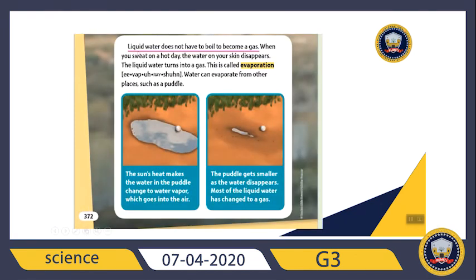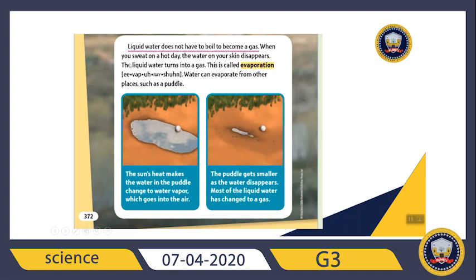And look at this text. Before reading, this is a pond and a stone or a ball here. But why has it disappeared here? There's no pond, just like that. Let's see. Liquid water does not have to boil to become a gas.